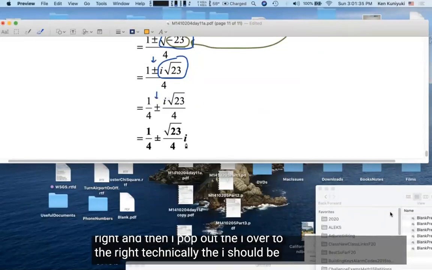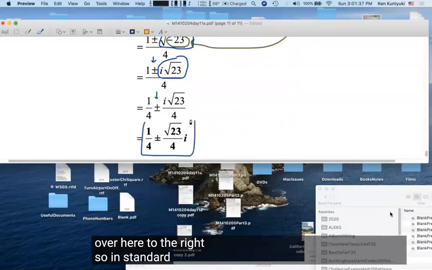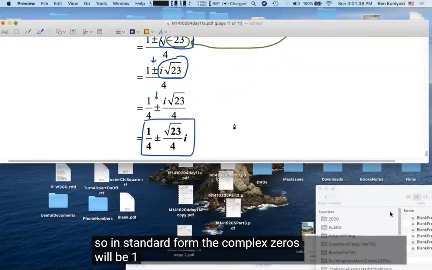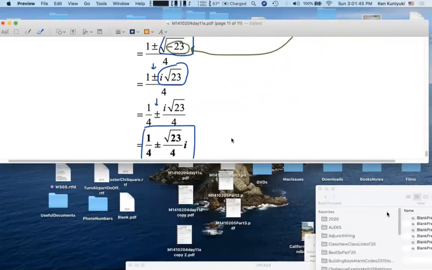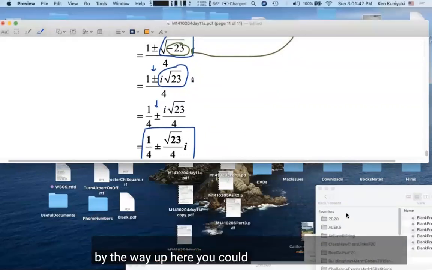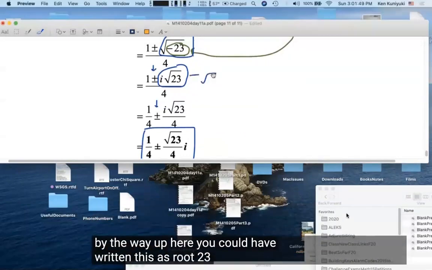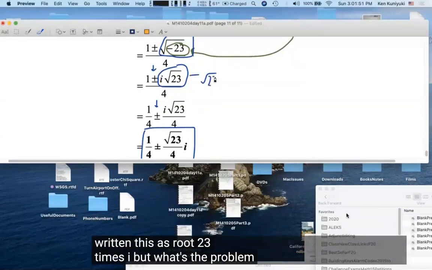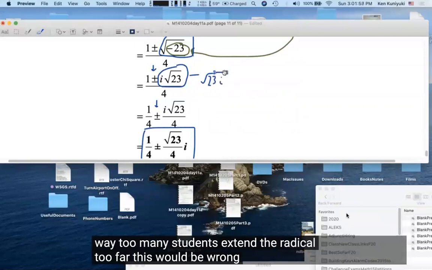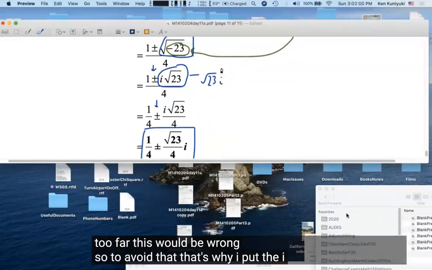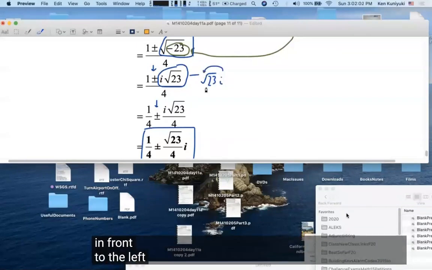Technically, the i should be over here to the right. So in standard form, the complex zeros will be 1/4 plus or minus root 23 over 4 times i. By the way, up here, you could have written this as root 23 times i. What's the problem? Way too many students extend the radical too far. This would be wrong. So to avoid that, that's why I put the i in front, to the left. But if you write this, that's fine.